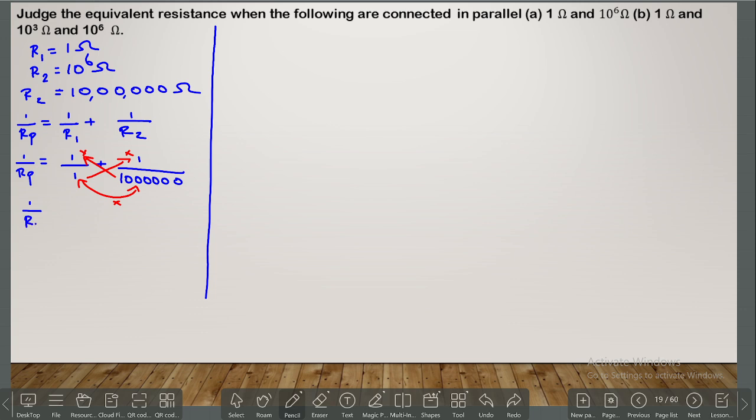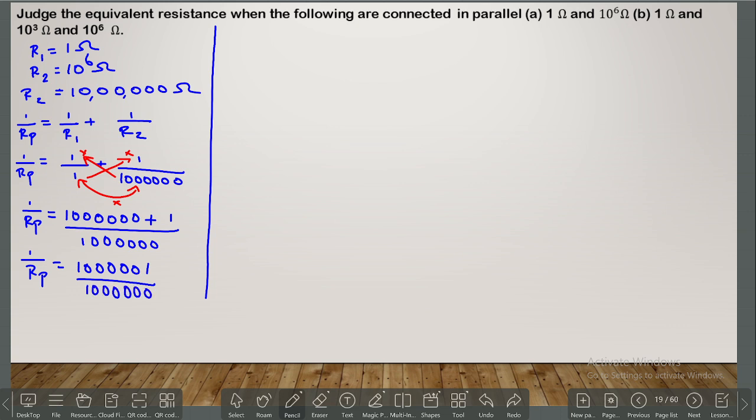1 by Rp is equal to 10 lakhs plus 1 by 1 into 10 lakhs. Since we need Rp alone, we can take the reciprocal over here: 10 lakhs by 10 lakhs 1.